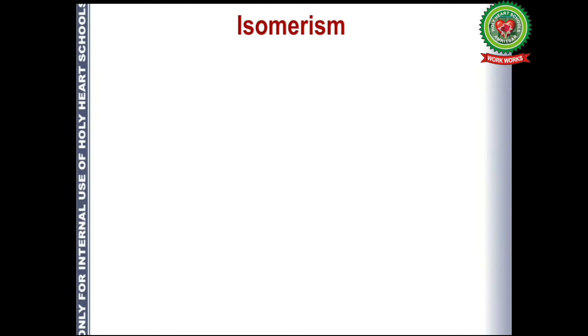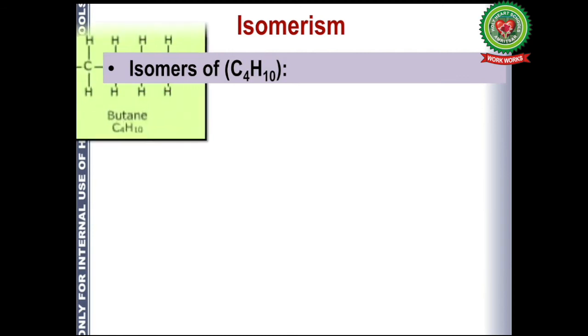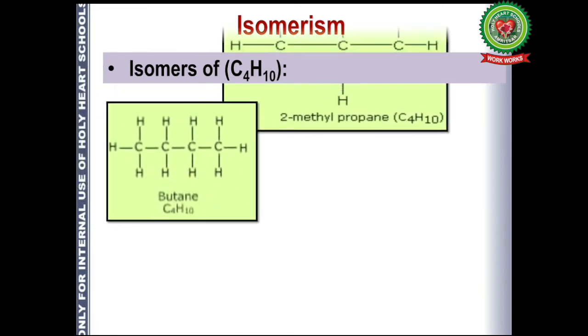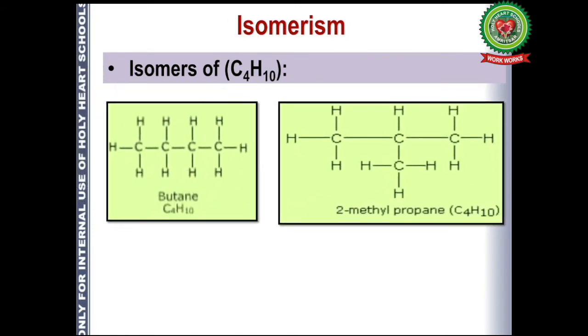The next topic that we are going to study is isomerism. To understand isomerism, let us take the example of C4H10. Now for this, first of all, count the number of carbon and hydrogen in both the cases. In the first case, when you count, there are 4 carbons and 10 hydrogens. And the same is the case with the second one. There are 4 carbons and there are 10 hydrogens.